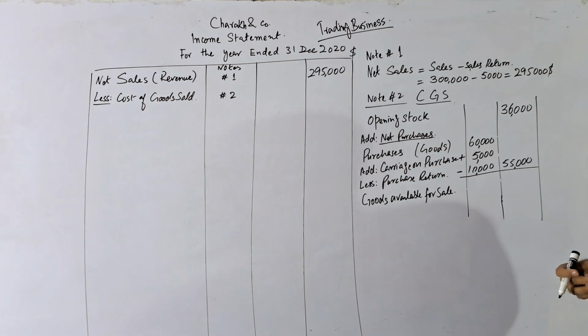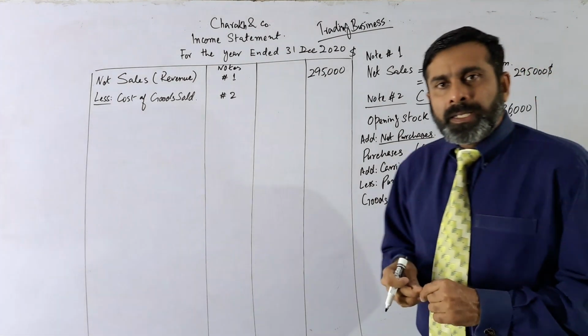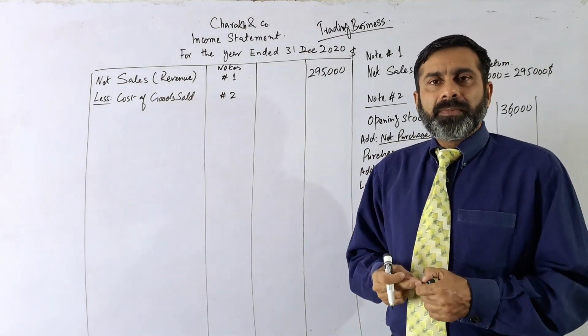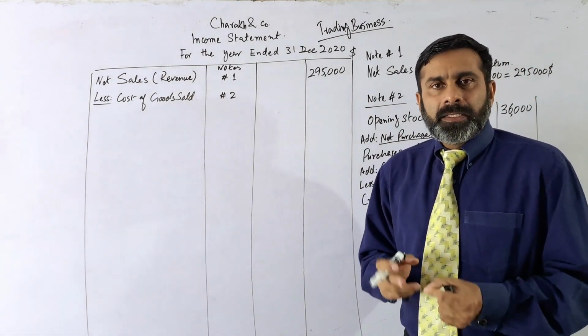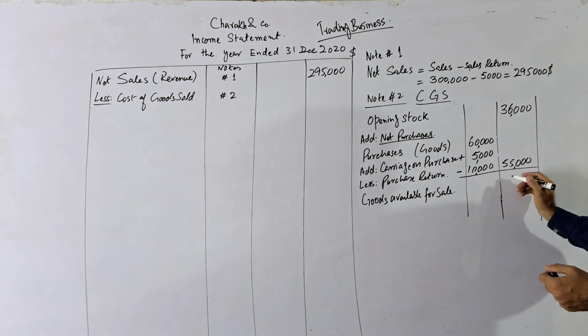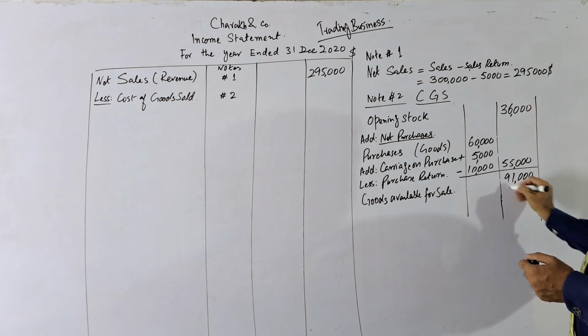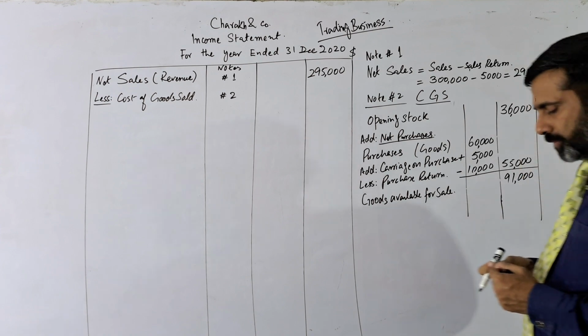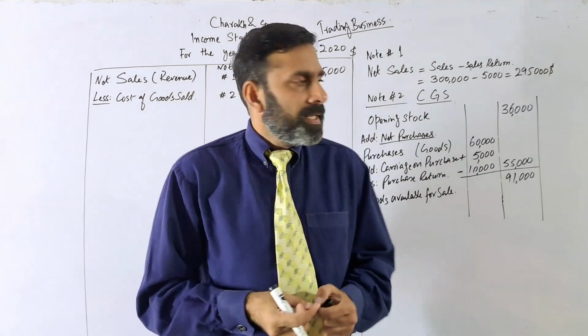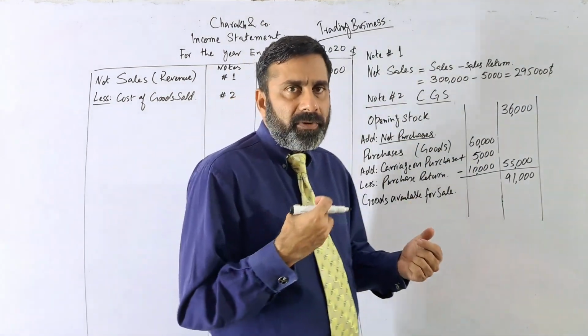Goods available for sale means what? That these are the goods which are available, that they can sell. So how much is the amount here? So that will be 91,000. So the 91,000 is the goods that are available for the sale.